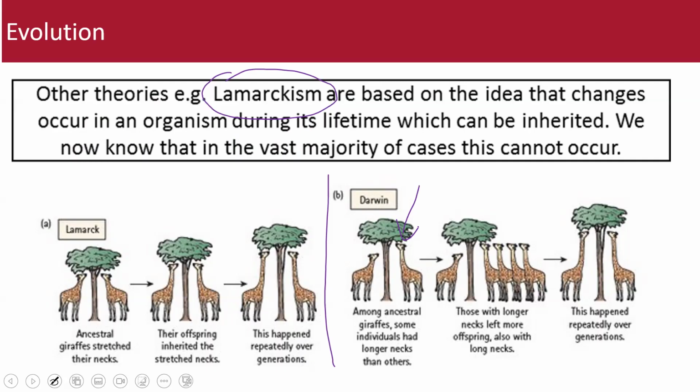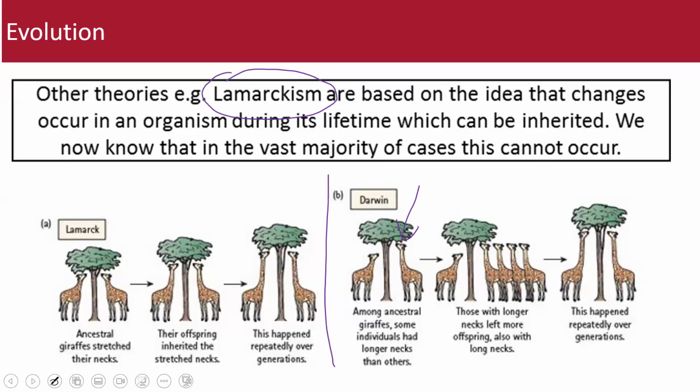Now, Lamarck's idea was that if there was a giraffe and it kept on stretching its neck to reach leaves in a tree, its neck would get longer. Okay, and then if it kept on stretching, its neck is going to get longer and longer and longer. Lamarck's theory was that that giraffe with the stretched neck is going to have babies with a longer neck.